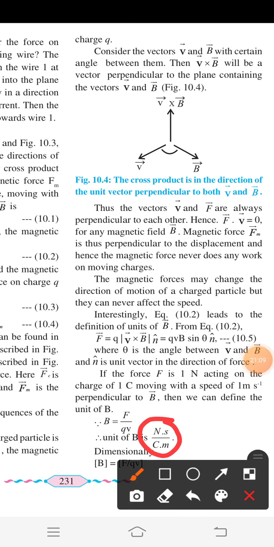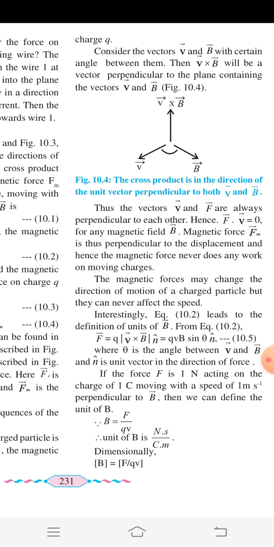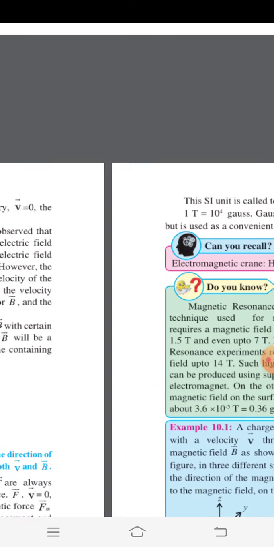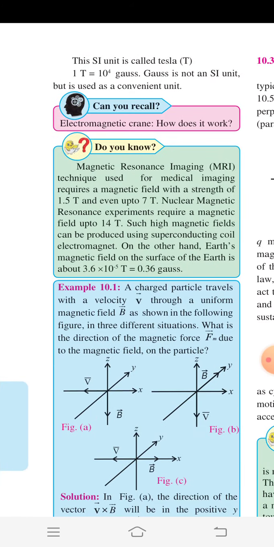That is the unit of magnetic field, and dimension of this magnetic field B is equal to dimension of force divided by dimension of charge into dimension of velocity. Therefore, dimension of this magnetic field is equal to dimension of force, L1 M1 T raised to minus 2, divided by dimension of charge into dimension of velocity.